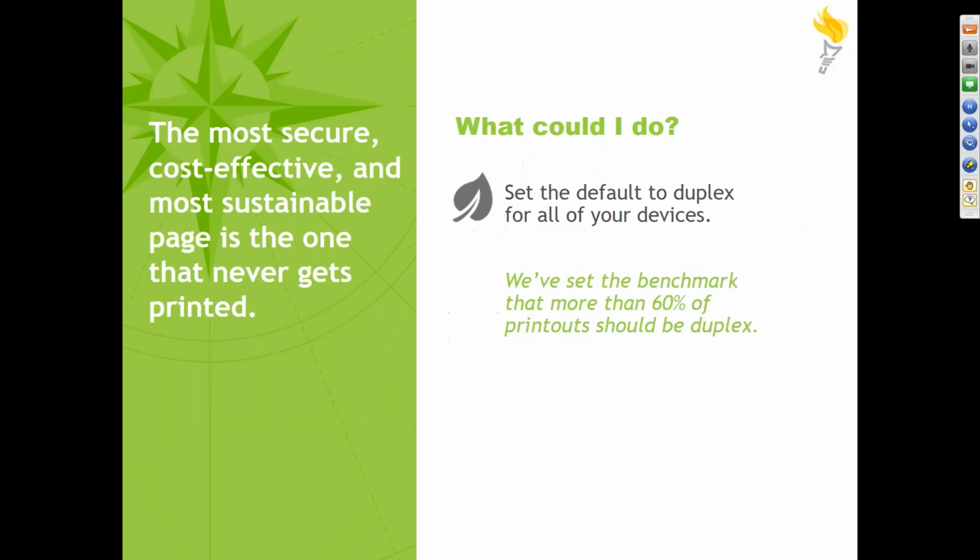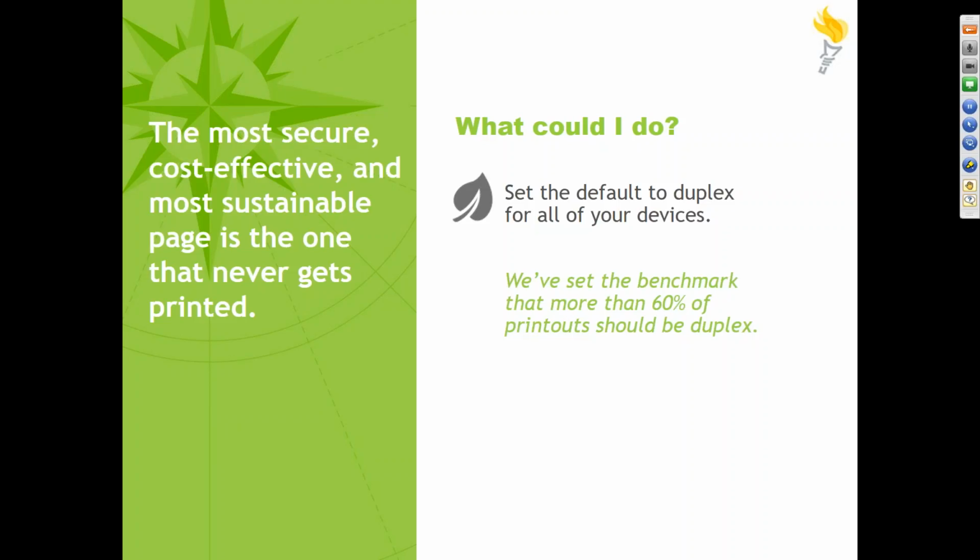It also incurs service costs. So we know from practice that moving from single-sided to double-sided print has a lot of benefits to the organization. And one of the benchmarks that we talk about is to try and make it so that 60% of the print created in your environment is duplex.